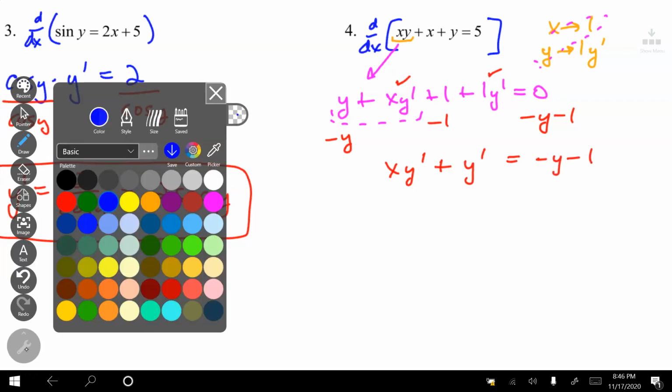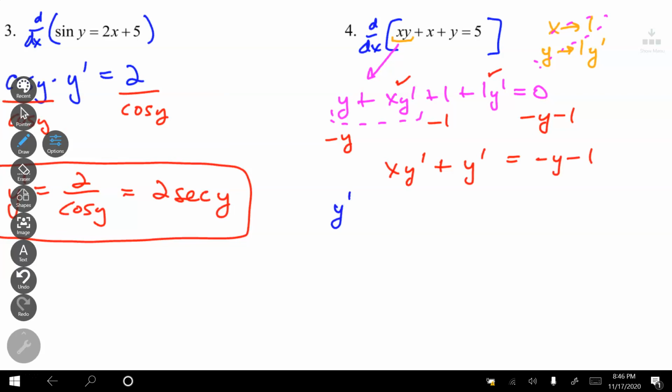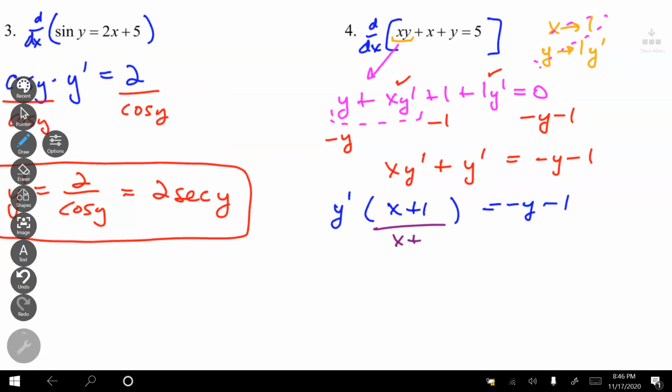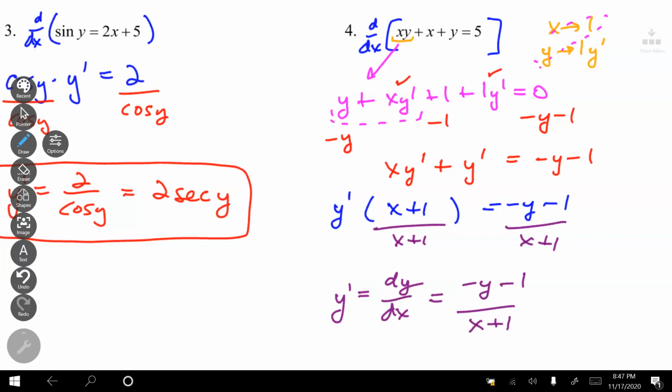And now I have to factor out a y prime because I want to isolate it. What would I have left inside of parentheses? x plus 1 is equal to negative y minus 1. And then I can divide out by this x plus 1. I get my y prime, equals dy over dx, is equal to negative y minus 1 over x plus 1. And there we go.